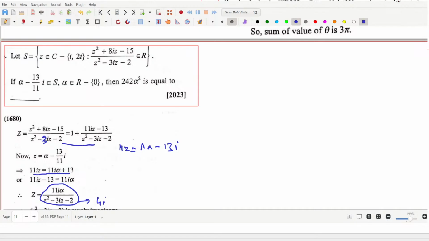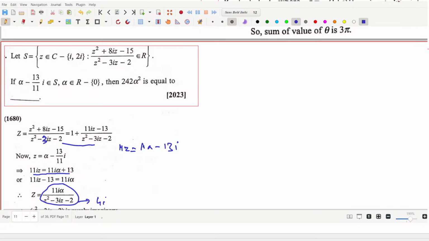This whole power n is cos n theta minus i sin n theta. So it applies even in the case of cos theta minus i sin theta.